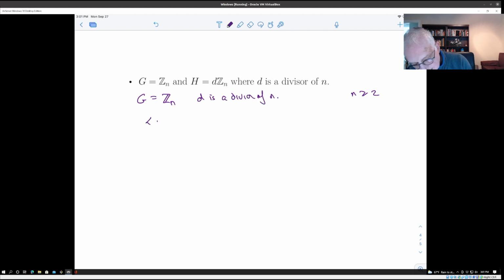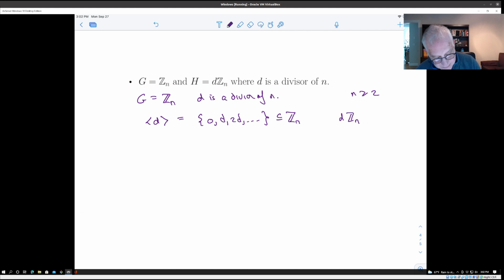So the cyclic subgroup generated by d, which contains 0, d, 2d, and so forth. Another way to think about that is it's dZn.